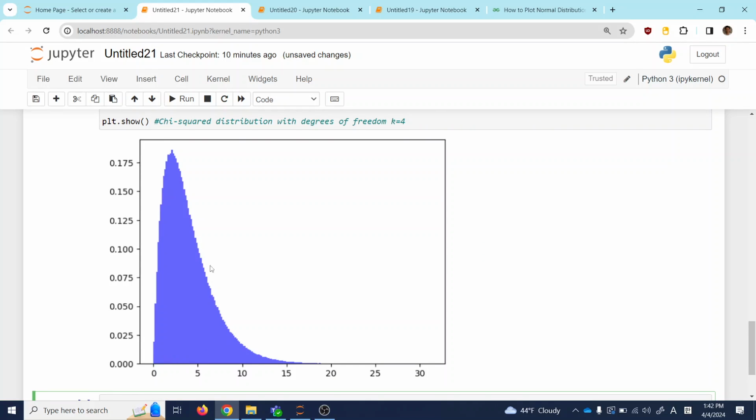Now, can you guess what's going to happen if you add more and more? It's going to turn into a bell curve. It will again turn into a bell curve. Why is that? Because of some theorem. The central limit theorem.